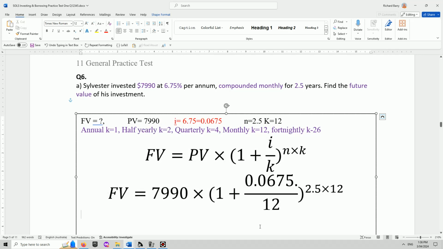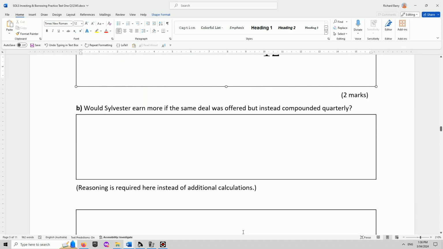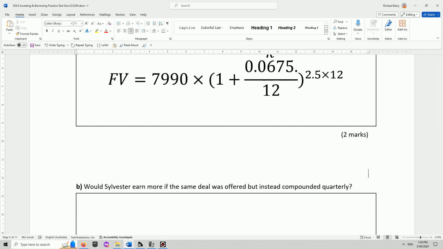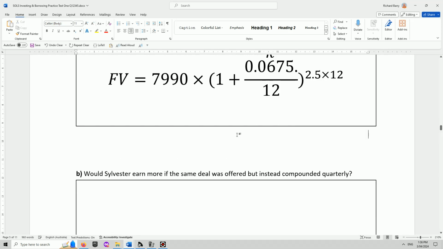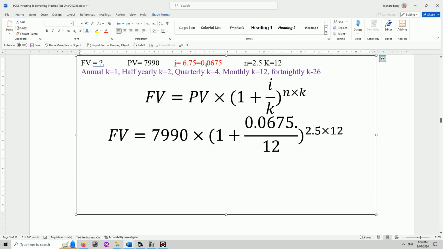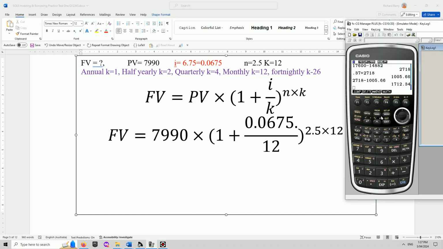Okay, so off to the calculator. I'm just going to make some space underneath here. There are 2 marks for generating the right rule; if you manage to get most of these identified, you'll get 1 of the marks. This is the run section of the calculator, to use the maths equation. 7,990 times bracket 1 plus 0.0675.